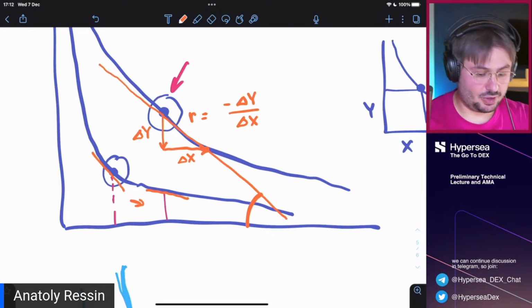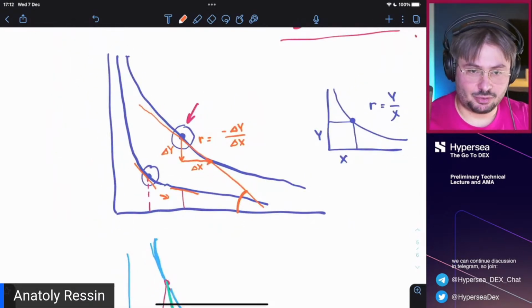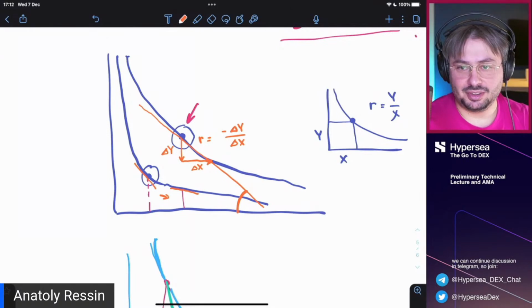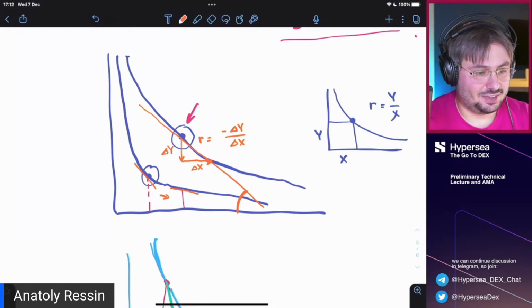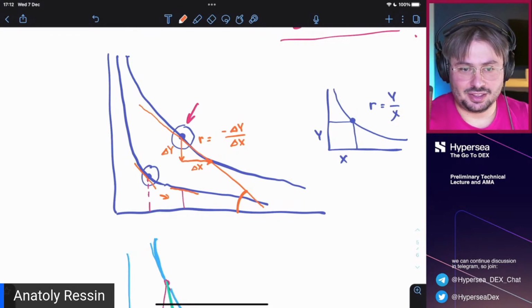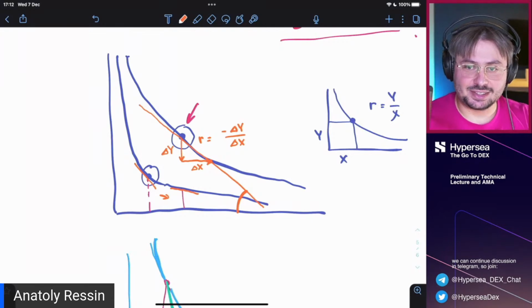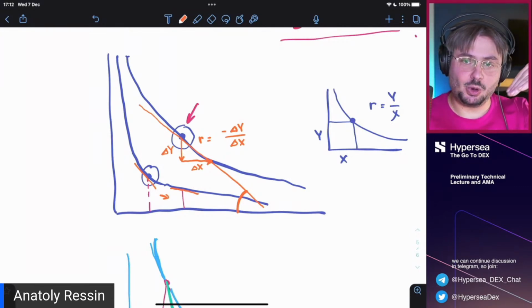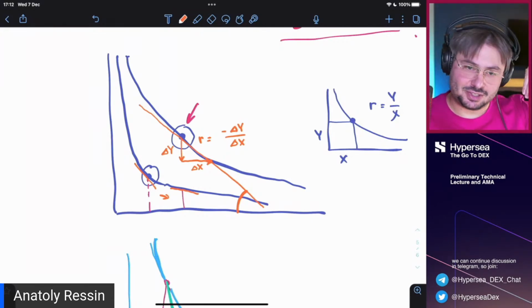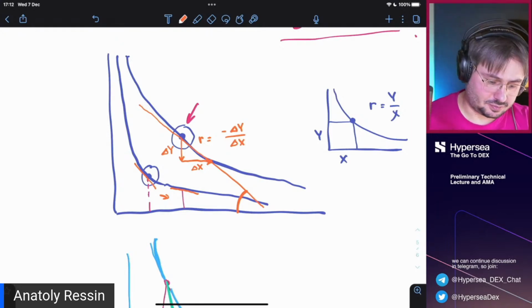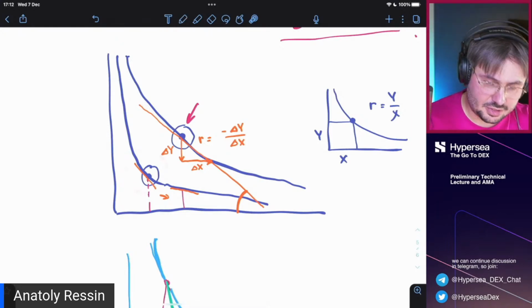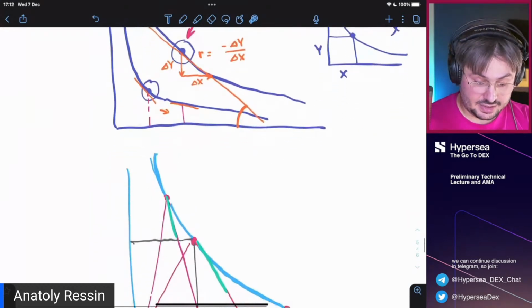Whereas when we are on a straighter curve, the slope changes slowly, not as sharply as on this one.